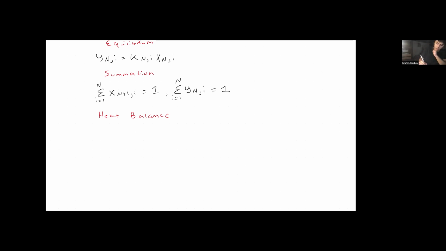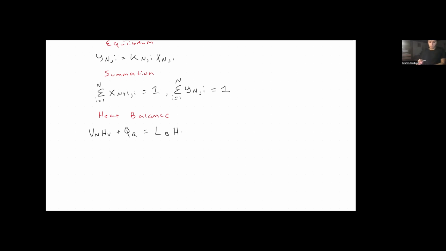So this will be our vapor flow at stage n multiplied by our vapor enthalpy, plus our heat added to our reboiler, denoted by QR, equal to our liquid flow at our bottoms multiplied by our liquid enthalpy.